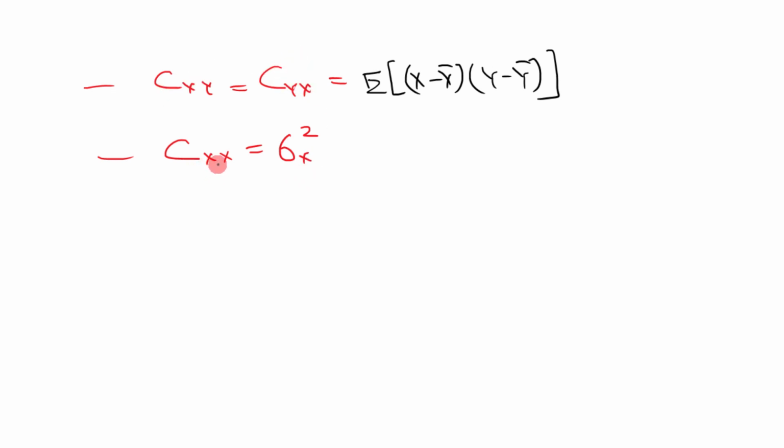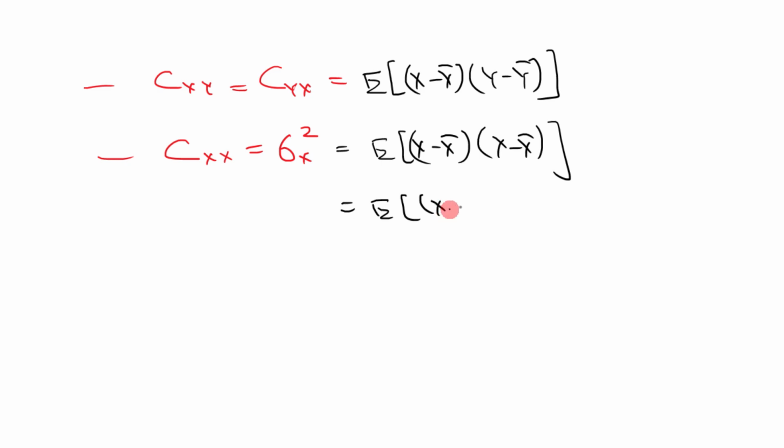But if you are finding the covariance of x with x, then this will be x minus x bar whole square, that is equal to the expected value of x minus x bar whole square, which is the definition of the variance of x.